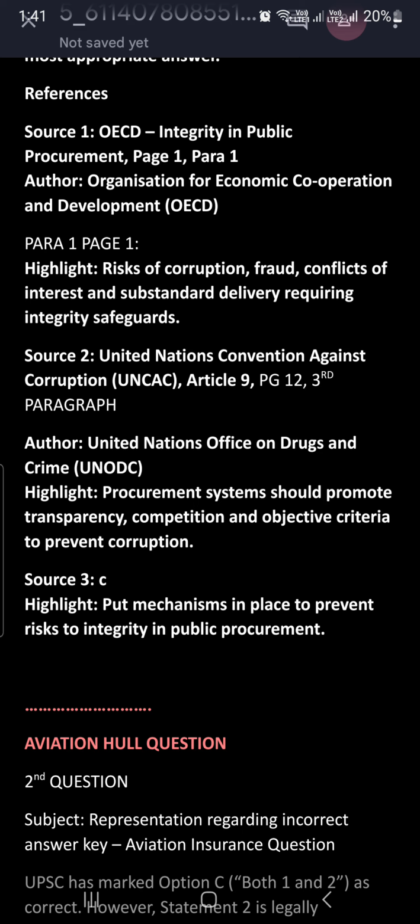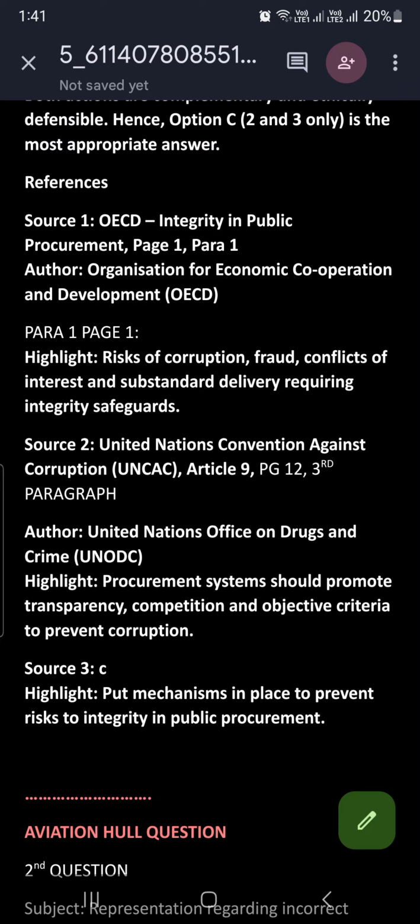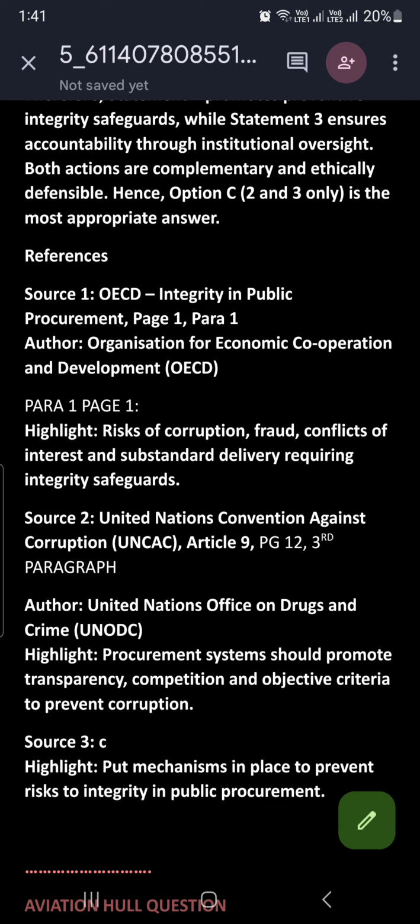So even if there is a risk to integrity, there should be mechanisms in place to prevent it from snowballing into a proper corruption case. So the first source is OECD, the third source is also OECD. I'll mention it correctly and share the documents, and the second source is UNCAC. So this is how we're claiming this question.